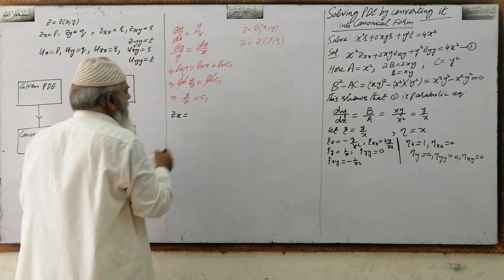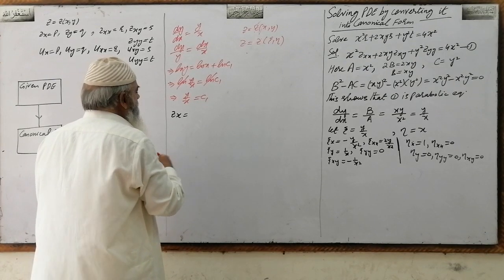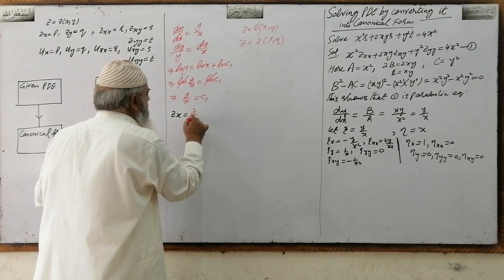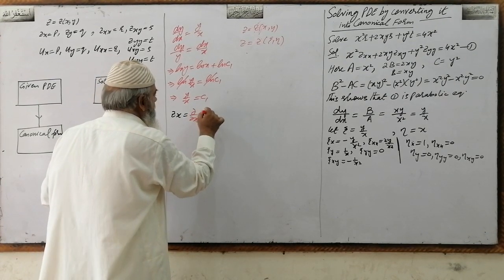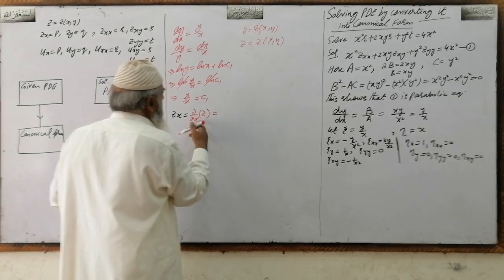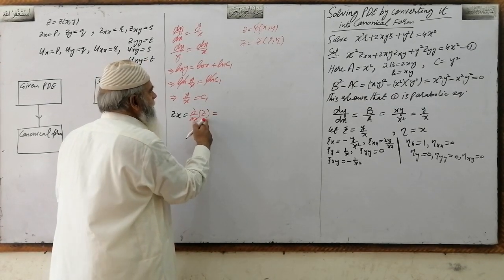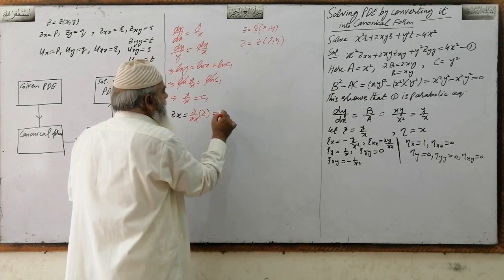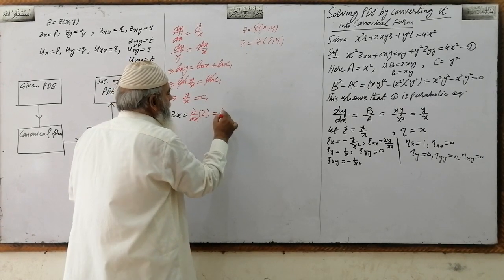zx. zx means we are going to take its partial derivative with respect to x of z, but we cannot take its partial derivative with respect to x directly because z is a function of xi eta. Therefore, we have to apply the chain rule.